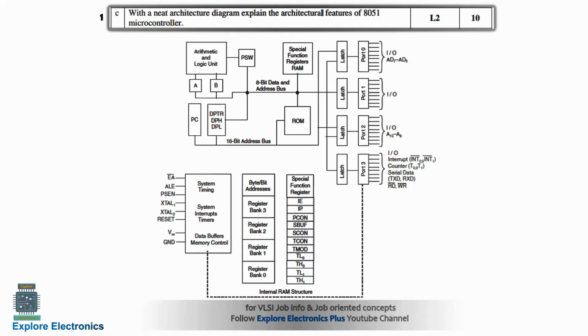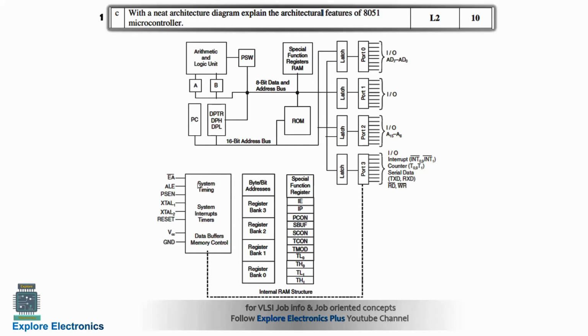And it will have a 16-bit address bus. The address is 16-bit, that's why the address bus is 16-bit, and the data bus is 8-bit. And we will have the program counter, the DPTR, and also RAM and ROM internally, and you need to specify the size of the RAM and ROM also. And we have 4 ports for IO: port 0, port 1, port 2, port 3, each consisting of 8 pins.